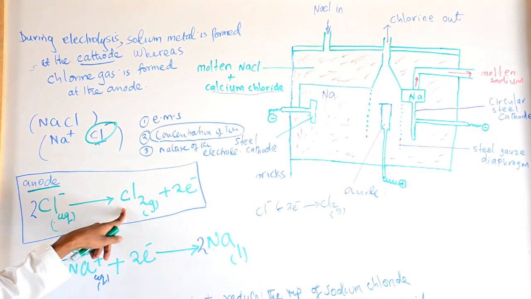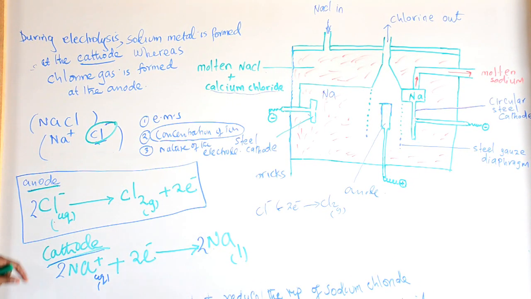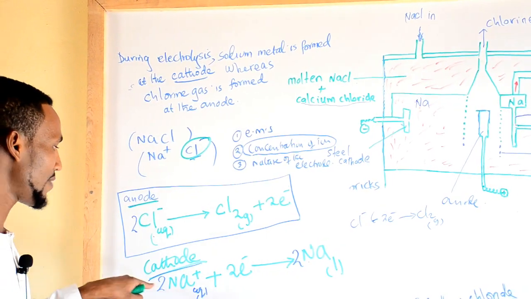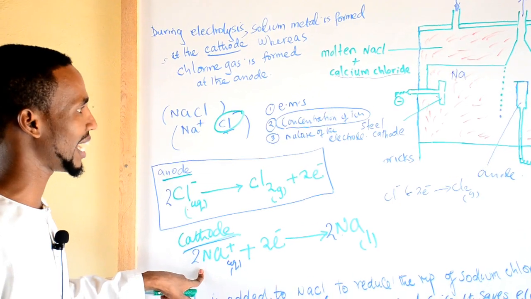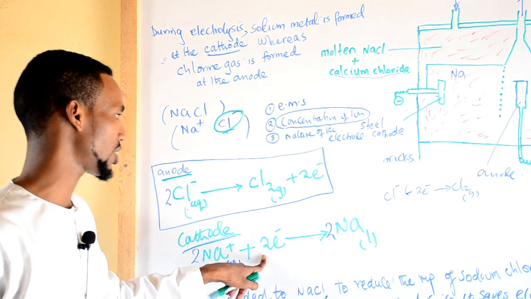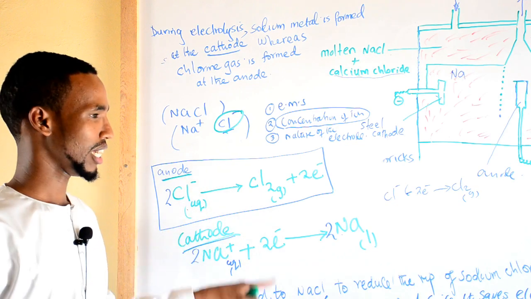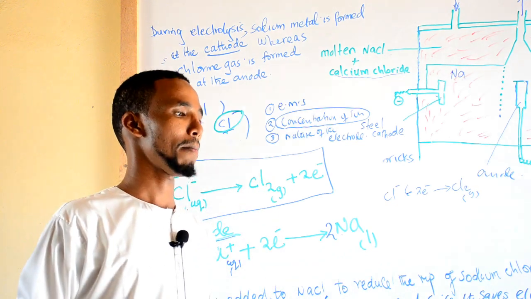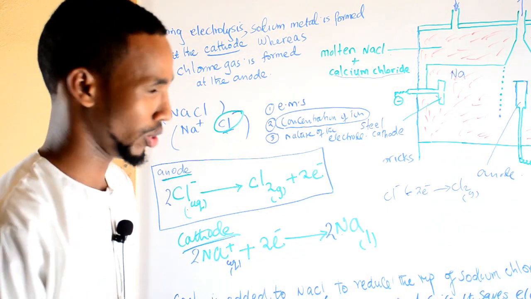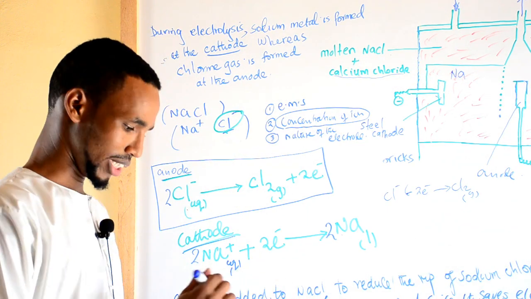At the cathode, the sodium ion will migrate there, and when it gains the 2 electrons that have been lost, it will form molten sodium metal.